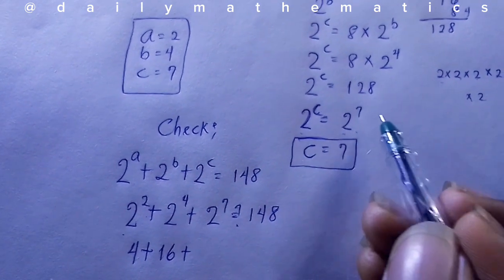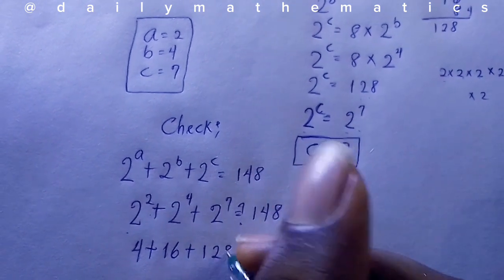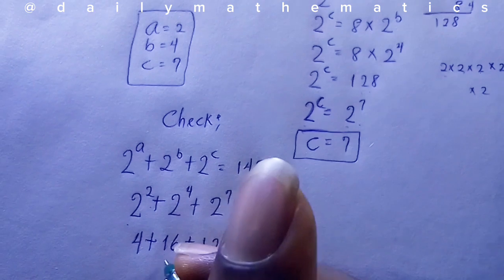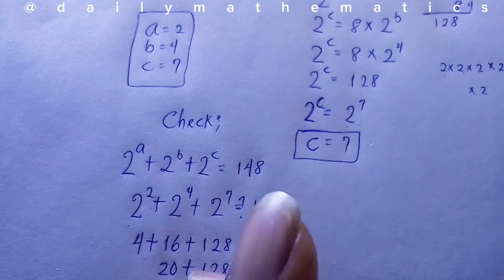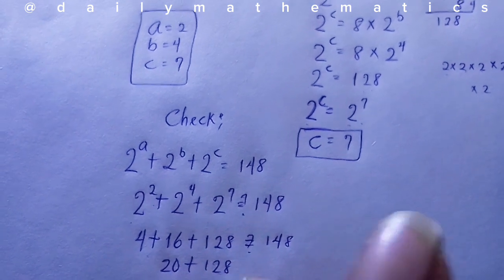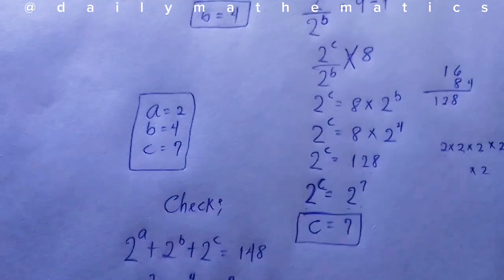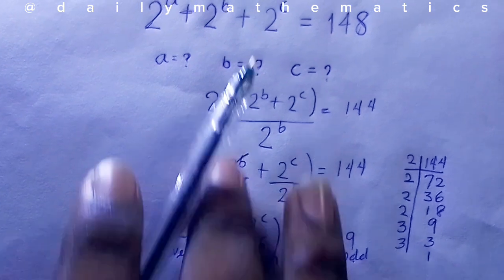We saw 128, and we said 128 is 2 raised to the power of 7. So 4 plus 16 is 20, plus 128, of course, is 148. So 148 equals 148, right? So our answers are correct. A equals 2, B equals 4, C equals 7 for this interesting question.